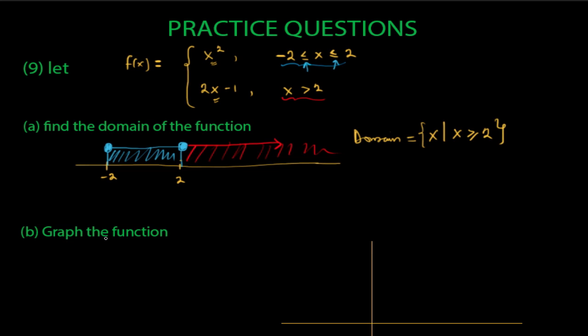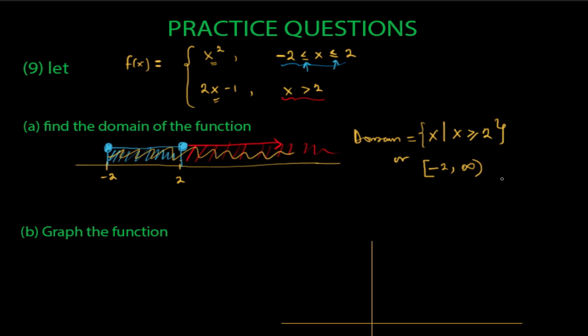That's your domain. Another way to write this: since everything here is inclusive, you could also write -2 to infinity. Since it goes to infinity, you write the infinity sign, and then you write this sign here. Now -2 is inclusive, since this side is shaded, so you write the square bracket here.